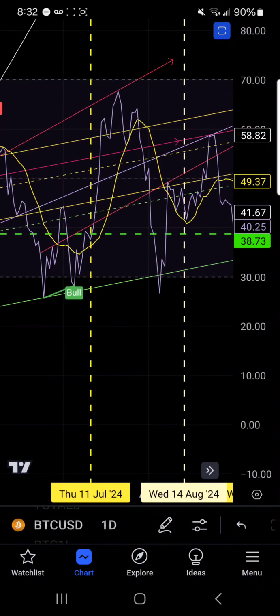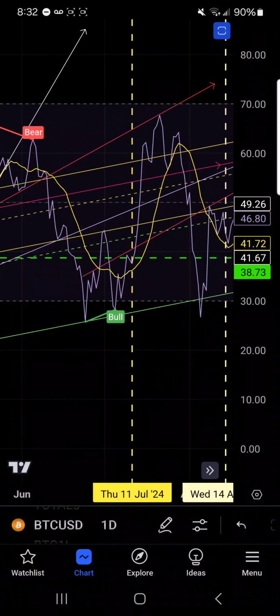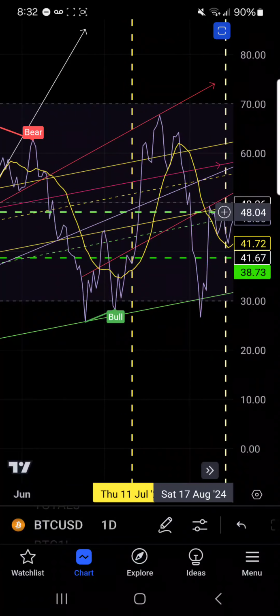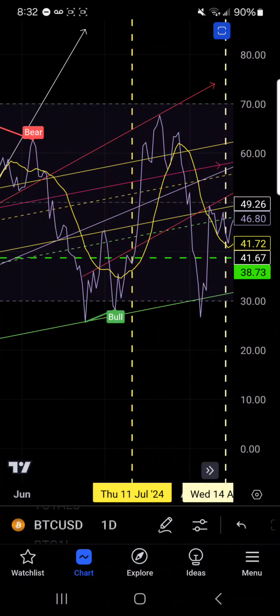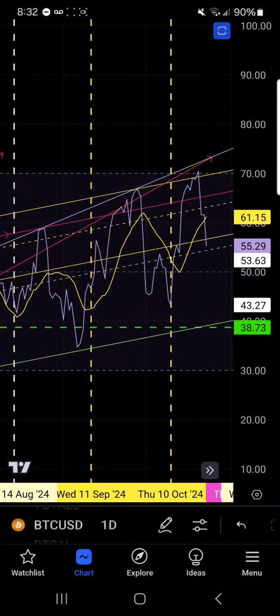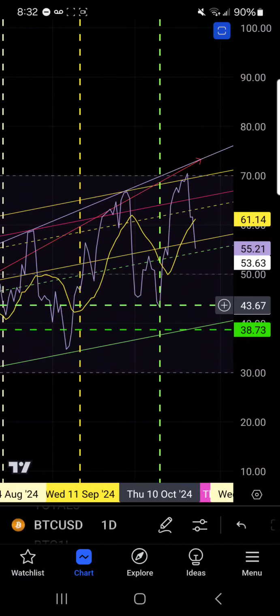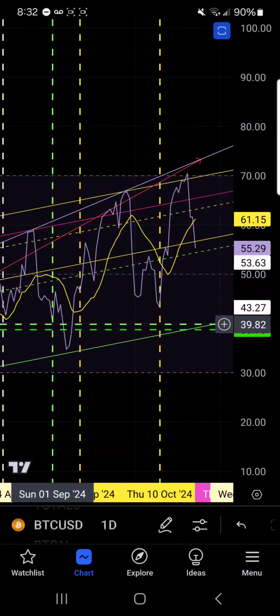And you can see that I have this green channel here. We are trending upward. Anyway, pay attention to the green center line there. Possibly where we've come down before, we've dipped a little bit below that center line.